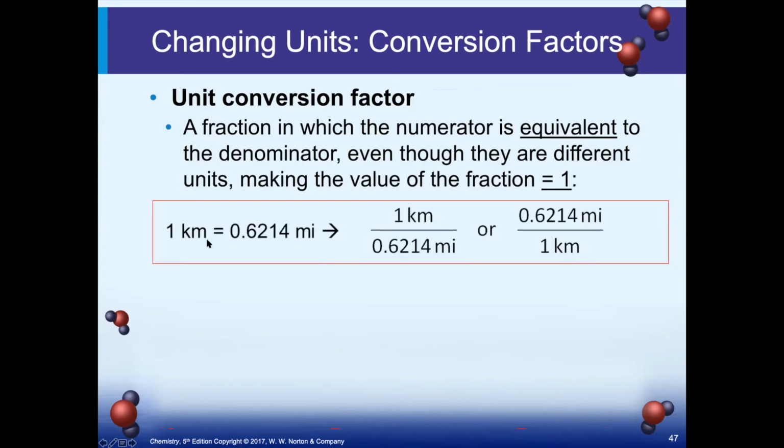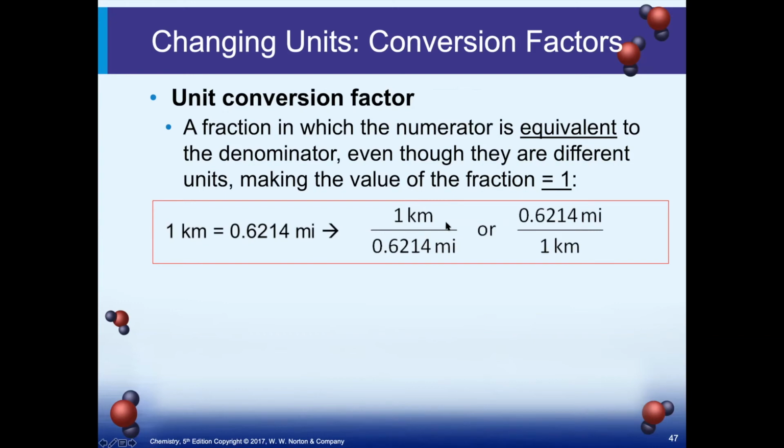So for example, these two things are equivalent. 1 kilometer is the same thing as 0.6214 miles. They're both measures of an amount of distance, and they are the same amount of distance. And so I can represent them as ratios or fractions. But the nice thing about conversion factors is you can flip them.